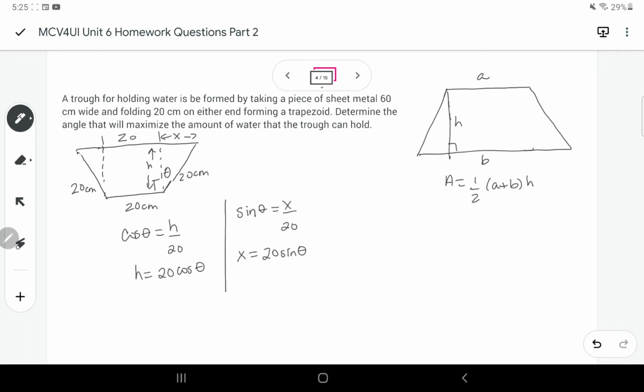Now, my A would be 20, and my B, or vice versa, would be 20 plus X, which is 20 sine theta, plus you'd have another X on the other side. So here I'm going to have 1/2 times 20 plus 20 sine theta plus 20 sine theta, times the height, 20 cos theta.